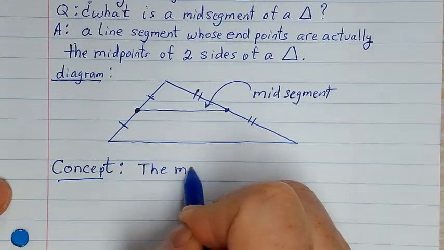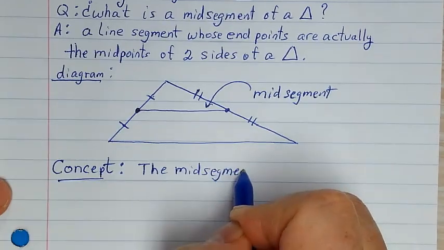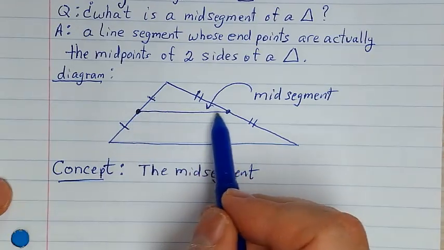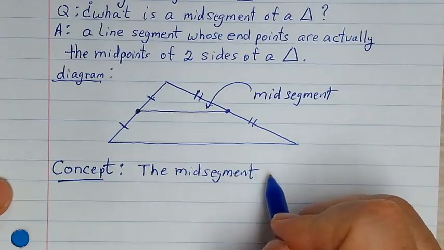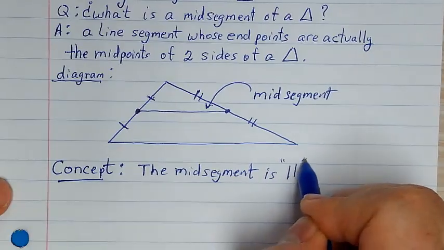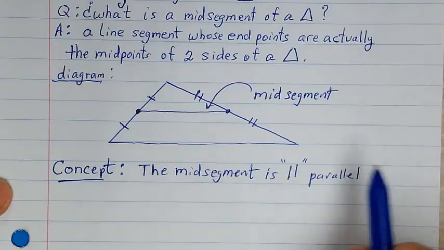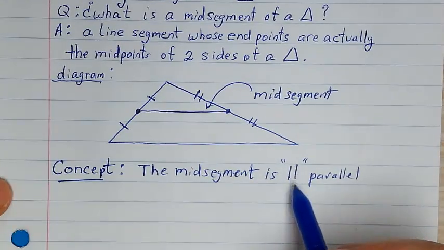The midsegment not only connects the midpoints of the sides, but the midsegment is also parallel. And you remember the symbol for parallel is the equal sign that goes up and down.